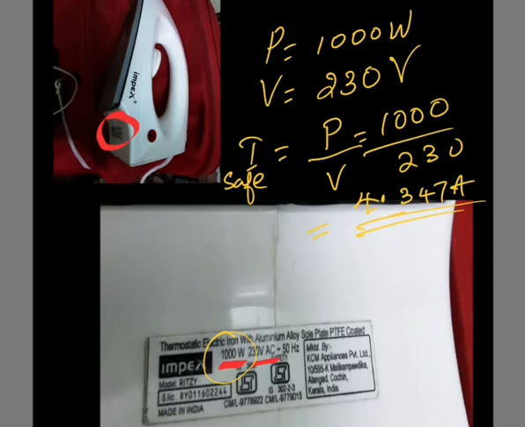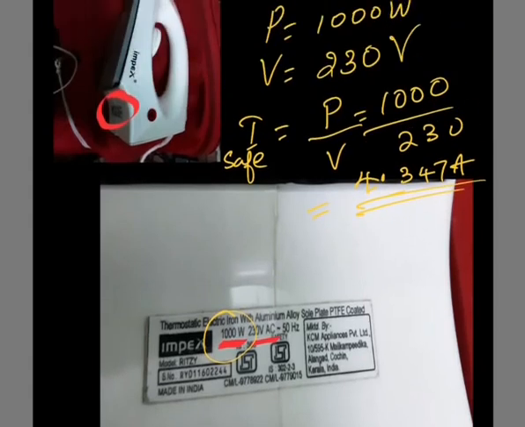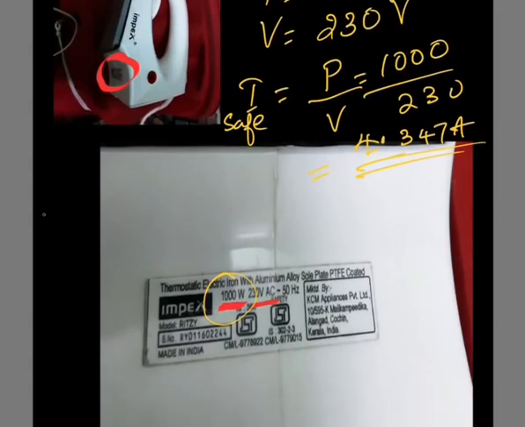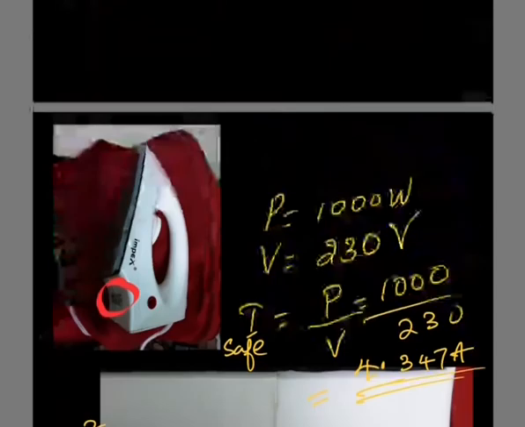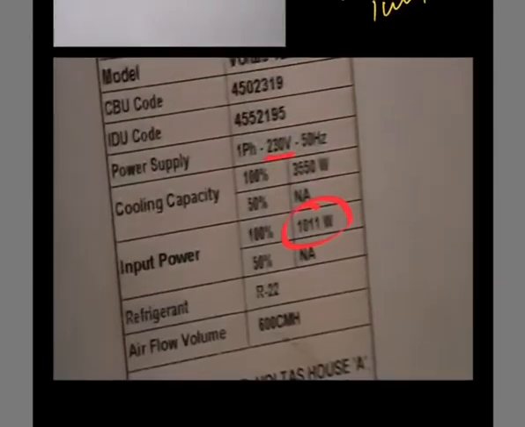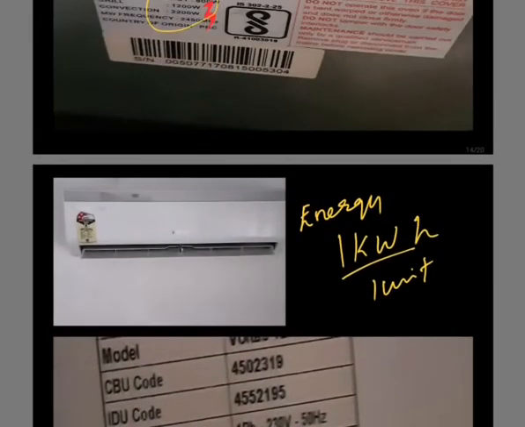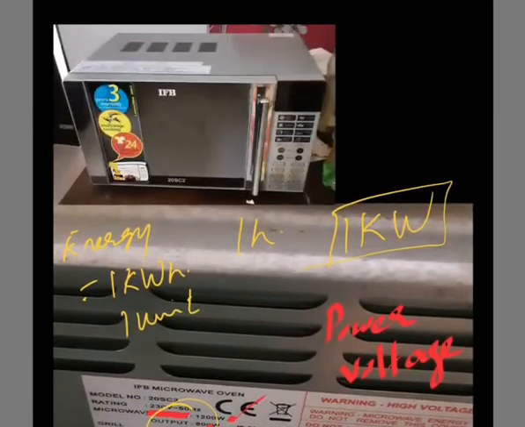Now similarly, using the other equation, that is resistance is equal to V squared by P, we can find out the resistance of the electric iron when it is being used. So this is how we calculate the resistance of the device and the safe current that can flow through the circuit.